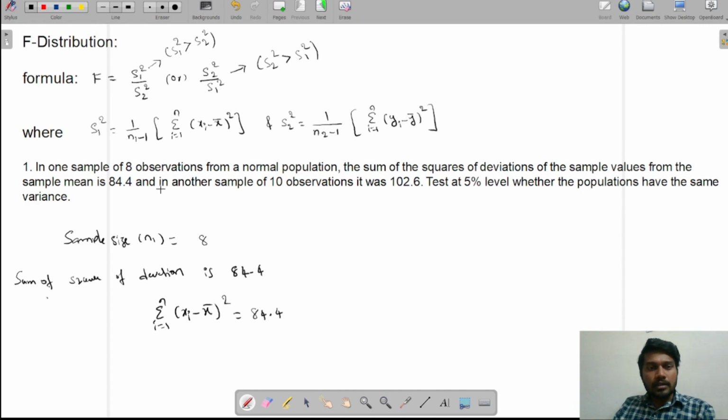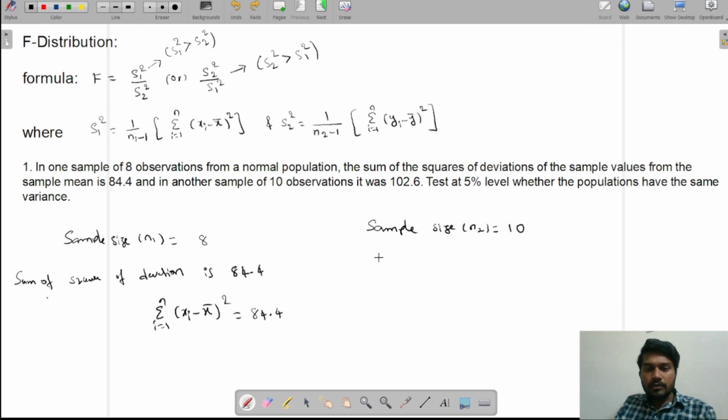In another sample of 10 observations. Another sample of 10 observations means a different sample size, some other different sample. So sample size n2 equal to 10 is given in the question, right? And also given, it was 102.6. So what is the value of this 102.6? Can I say again the sum of the square of the deviation? Yes.